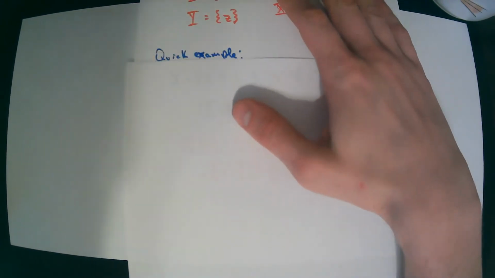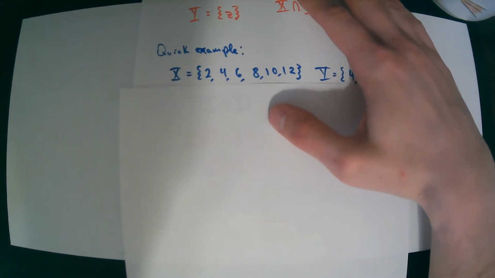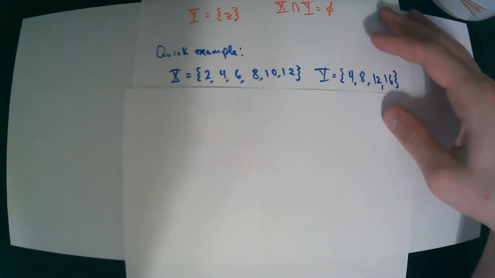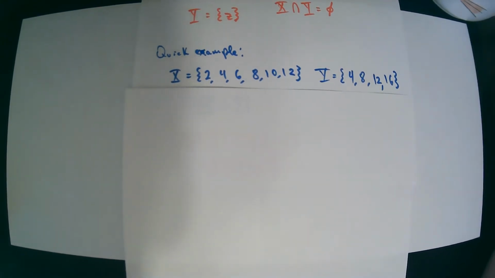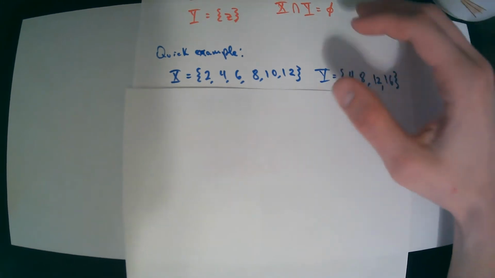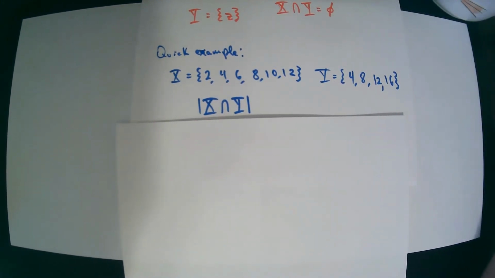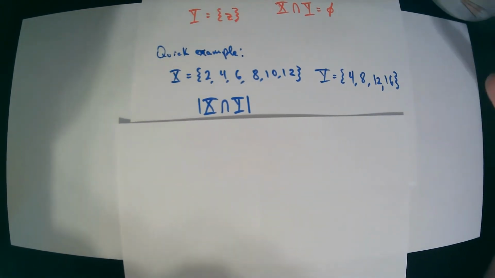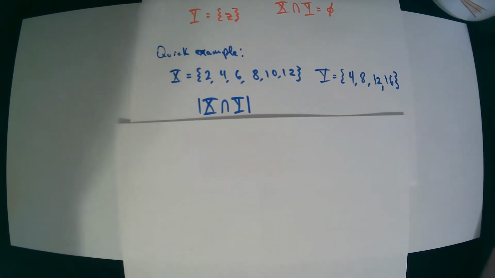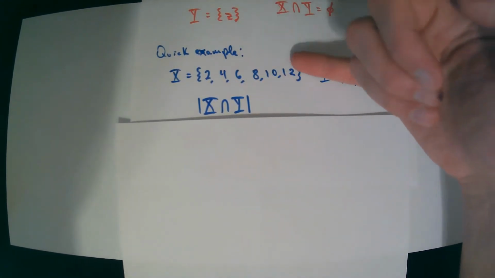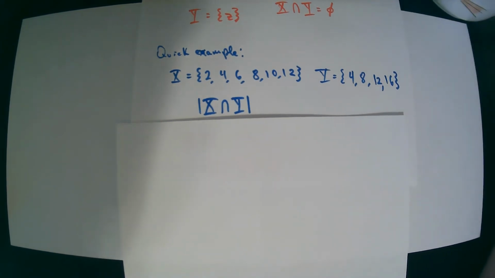And a quick example said, given these two sets, X and Y, find the cardinal number of their intersection. In other words, how many elements do they share? How many elements do they have in common? And you can kind of just look at these, since they're already listed, and say how many elements they have in common, right?